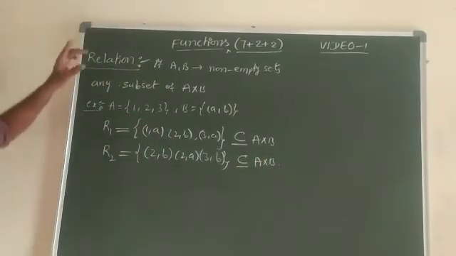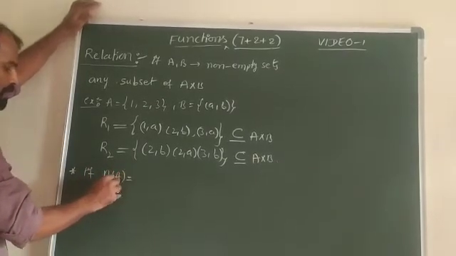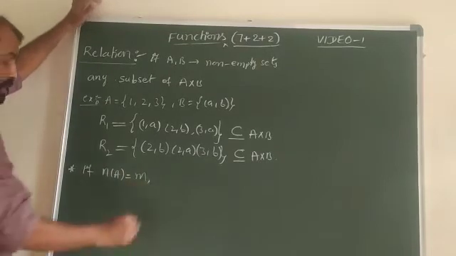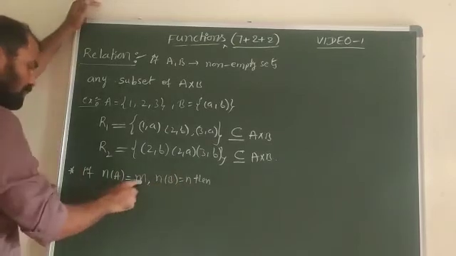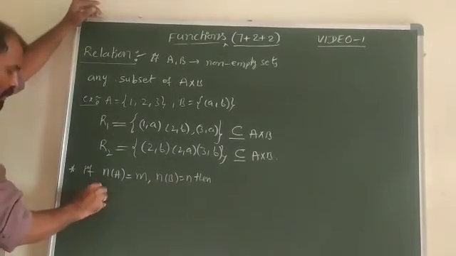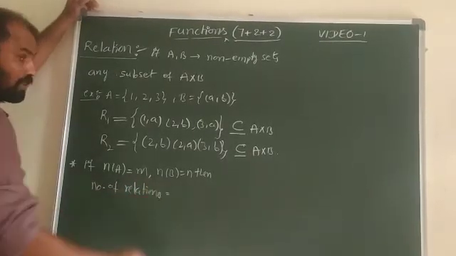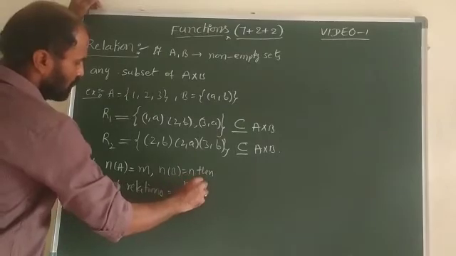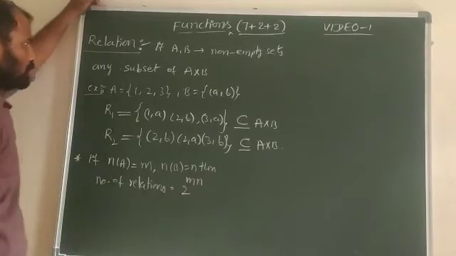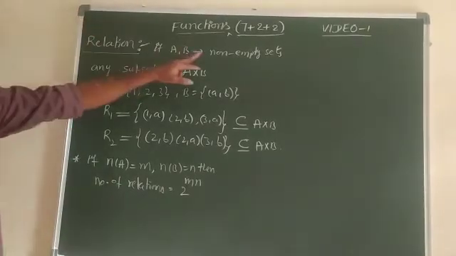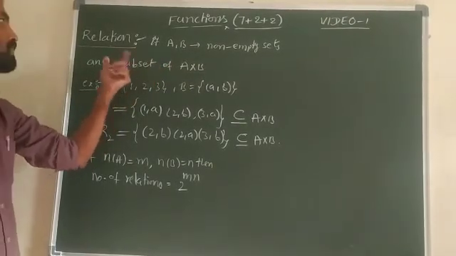Now if N of A, the number of elements in A, is M, and the number of elements in B, N of B, is N, then the number of relations from A to B is equal to 2 power M into N, that is, 2 power N of A into N of B. Relation means a subset of A cross B is called a relation.